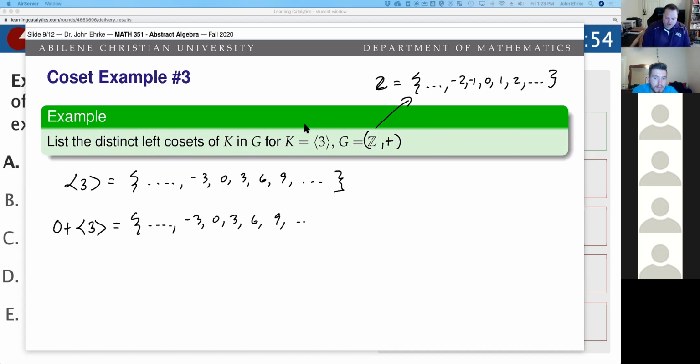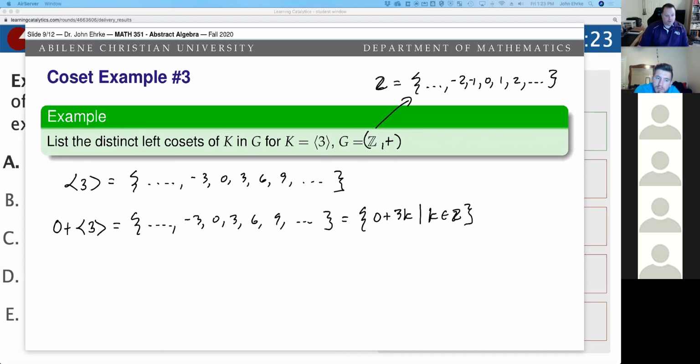So my question to you is, what is a better way to write down this coset, or a better way to think about it? If you write it in mod 3, this is the set of everything that looks like 0 plus 3k, such that k comes from Z, right?